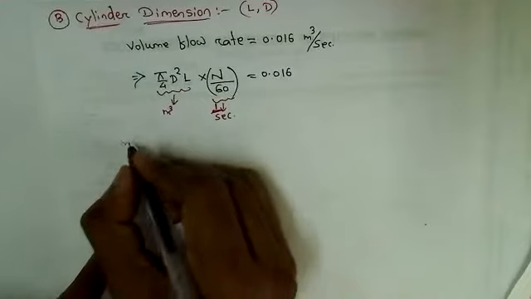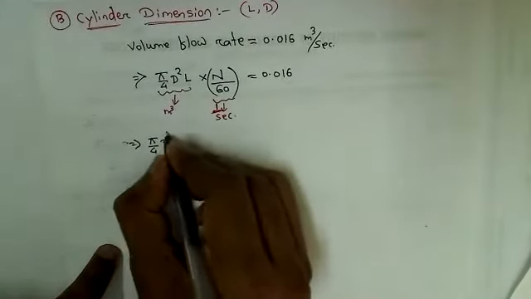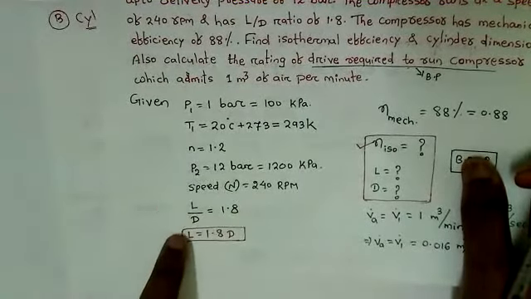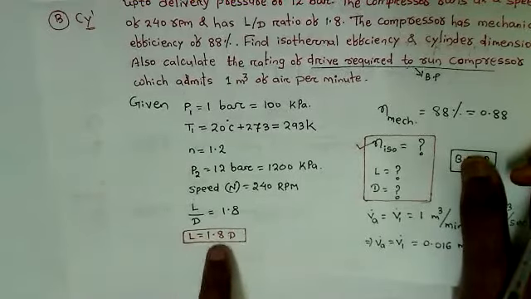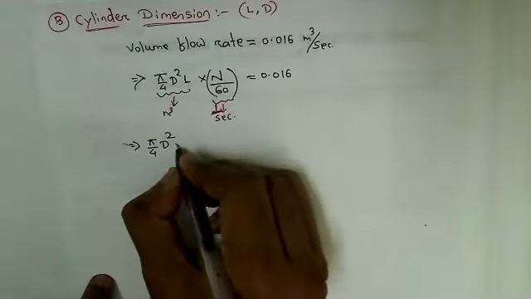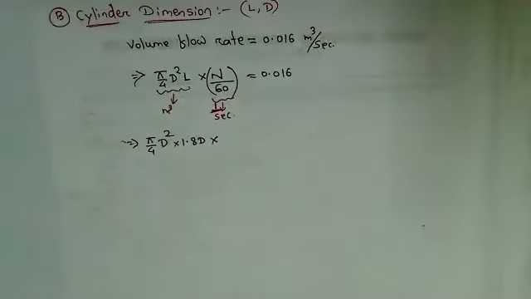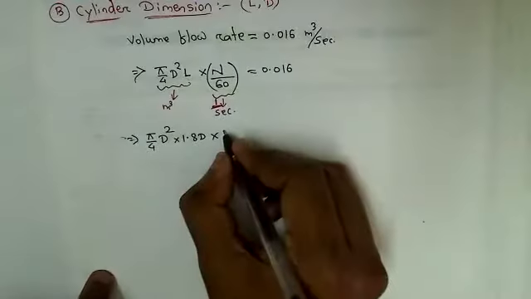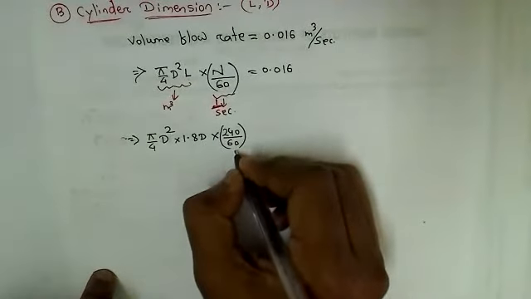So that implies pi by 4 d square into L. What is L? L by d was given as 1.8, so from here we can write L equal to 1.8 d. In place of L we will write 1.8 d, into N. Speed of the engine is 240 revolutions per minute, so you will write 240 by 60, this much revolution per second.